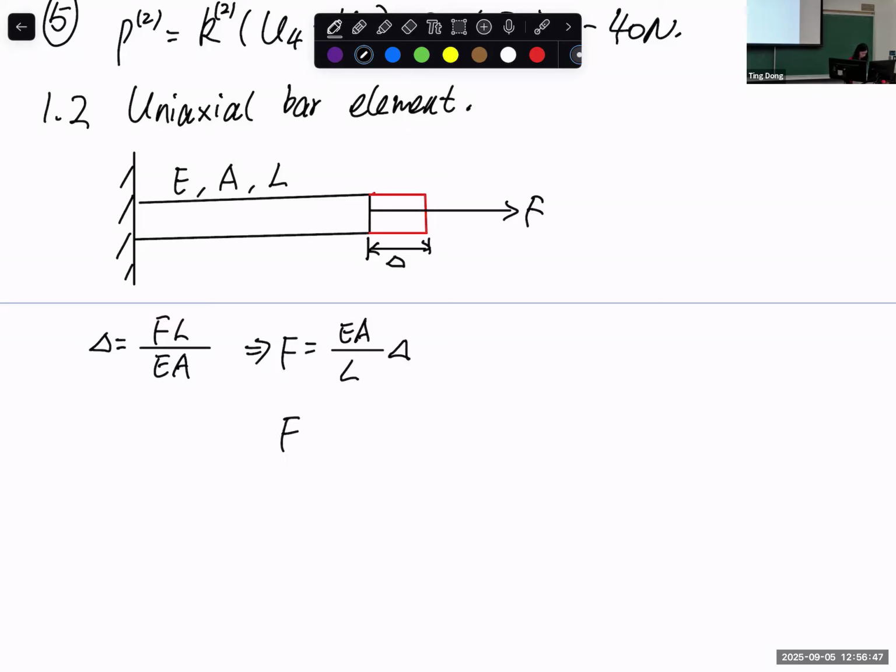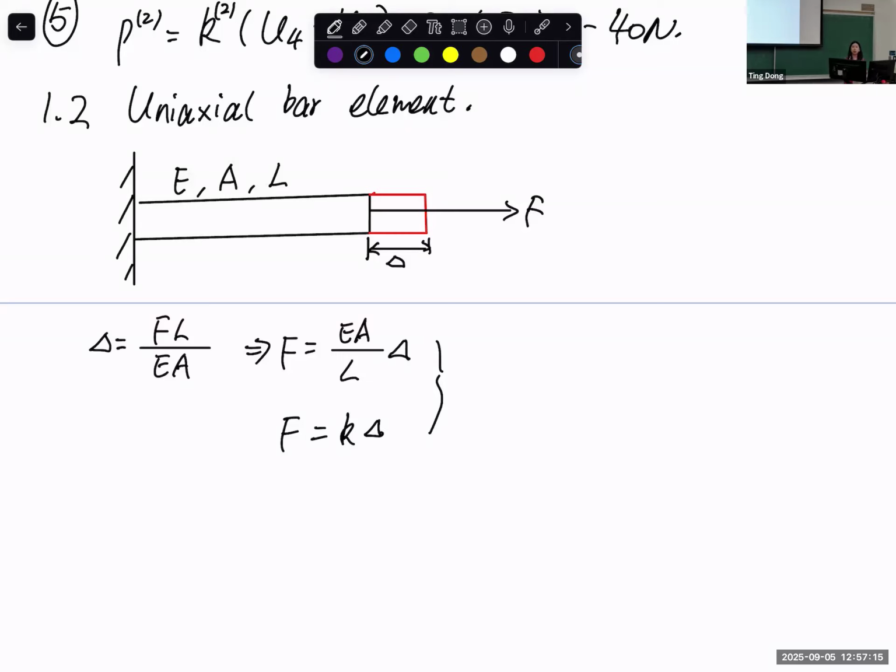So let's compare with what we have for the spring element, F equals K times elongation delta. Comparing these two equations, we can easily see that the stiffness K for a bar element equals EA over L. It depends on the material used, the cross-section area, and the length of the bar.